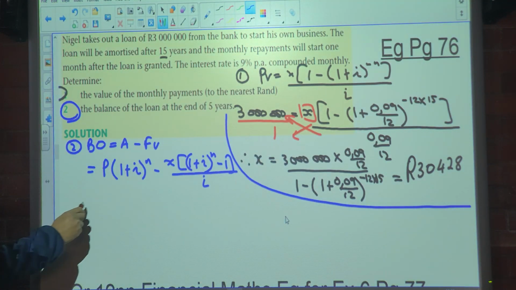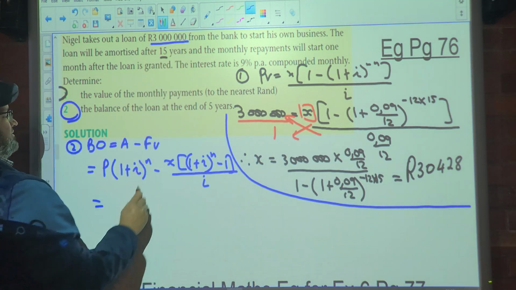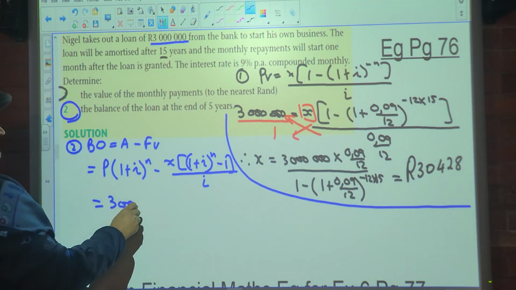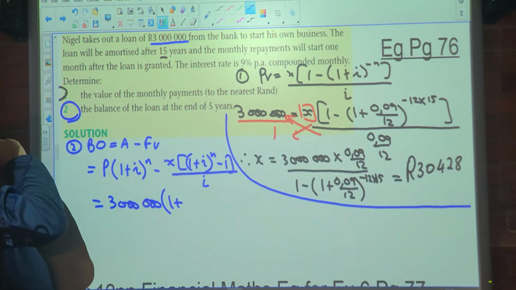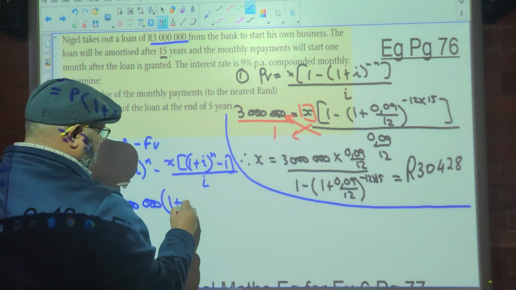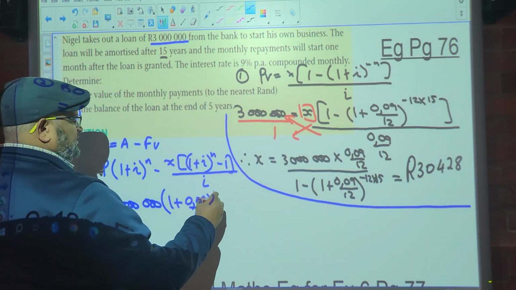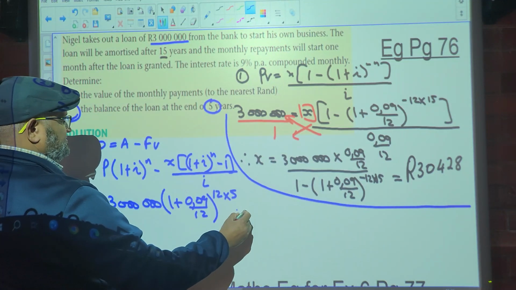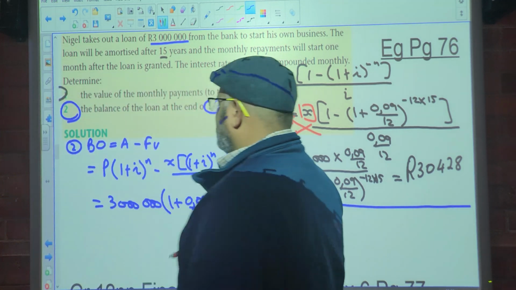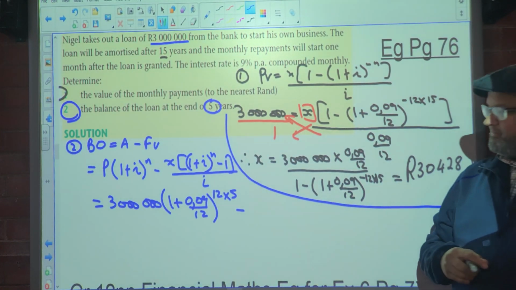So what's the principal amount? 3 million. So it's 3 million into 1 plus your interest, 0.09 over 12, to the exponent 12 multiplied by 5 years, minus, and we're treating whatever we paid thus far over 5 years as an investment.